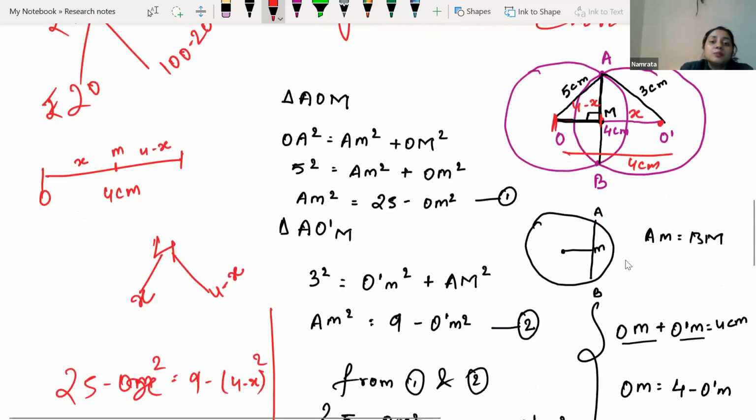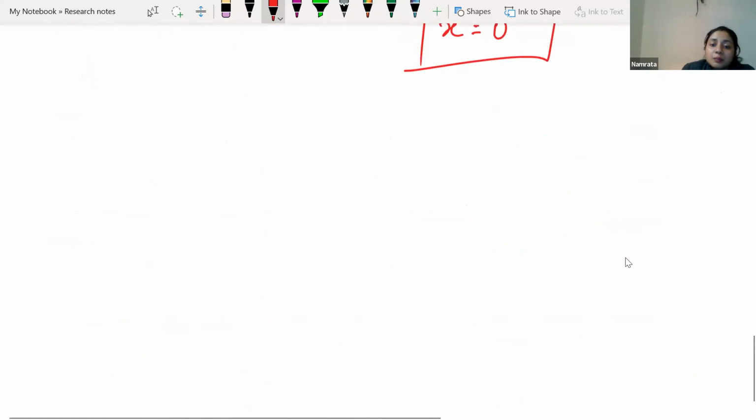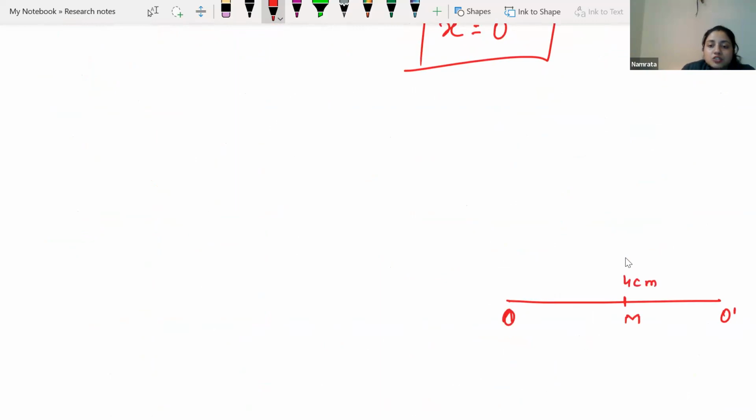Yes, x value will be 0 over here. Why? Because we are saying that this is O, this is O', here we are having M. We are saying the total length is 4 centimeter. This much is x centimeter, the remaining will be 4 minus x. Once we are solving it for x, we are getting x equal to 4.